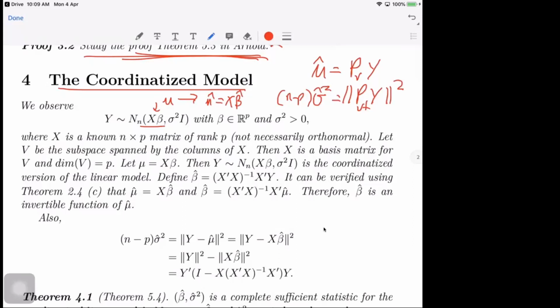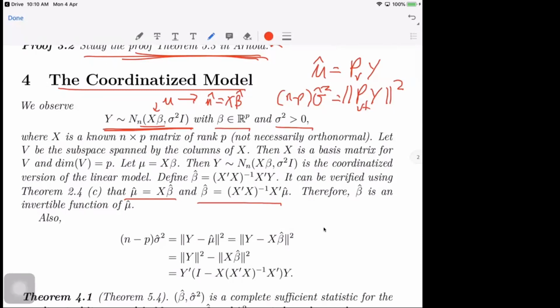Okay. Now our X beta hat, with our beta hat equal to (X prime X) inverse X prime mu hat. So this is the coordinatized version of the linear model. We observe y to be normally distributed with mean X beta and variance sigma squared I. Our beta is a p-dimensional vector and sigma is positive.